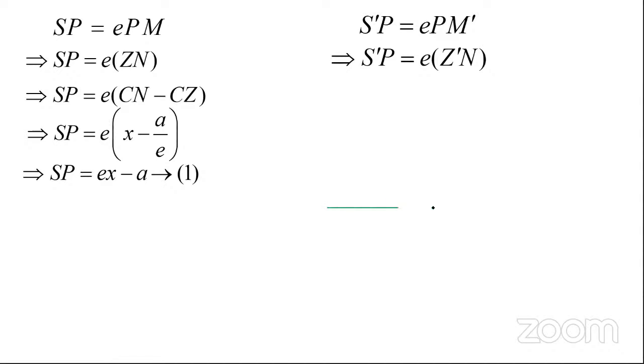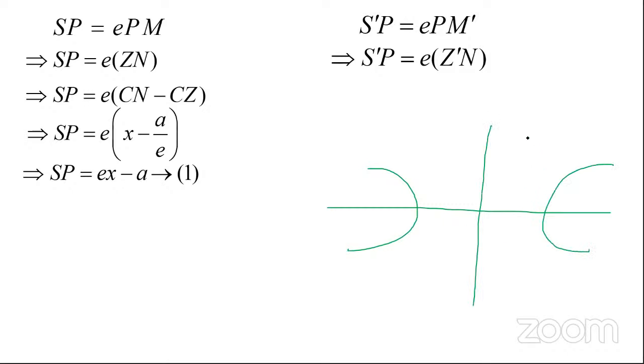So here I'm taking this value and this one. This is the center. This is the directrix L'. So here, sorry, this is the N value. This is the P value. This is the S value.